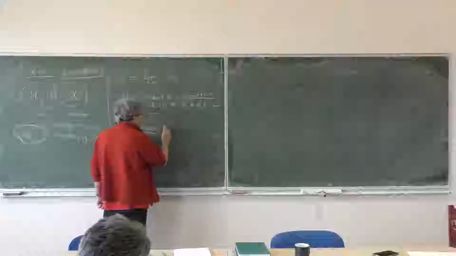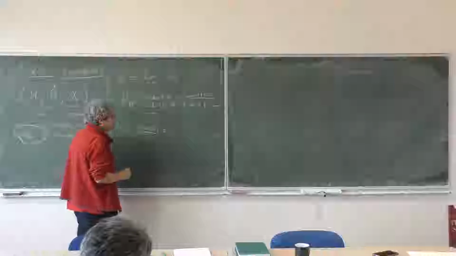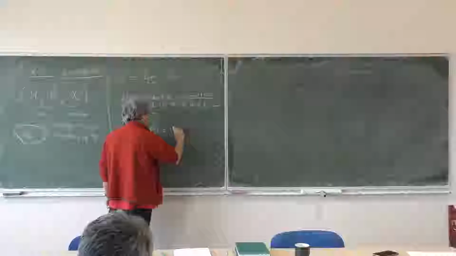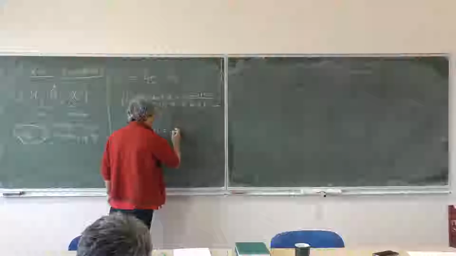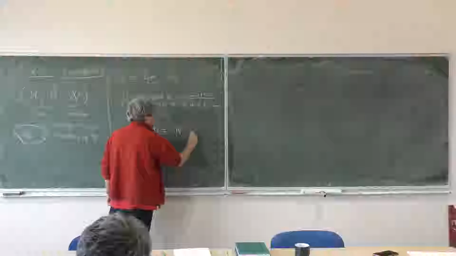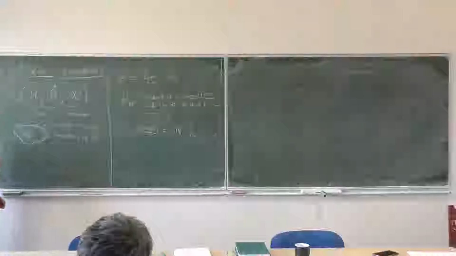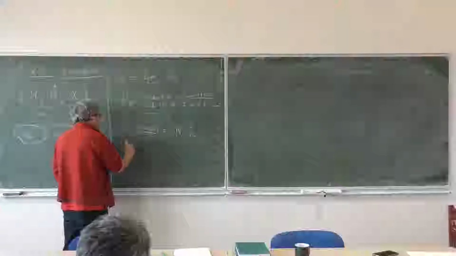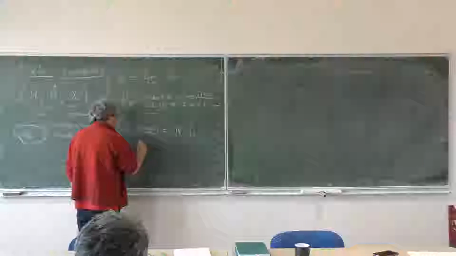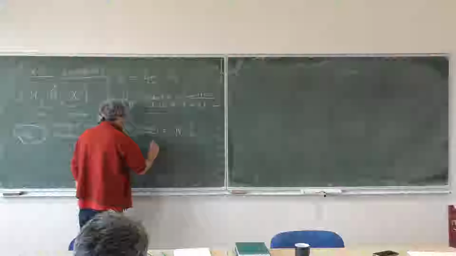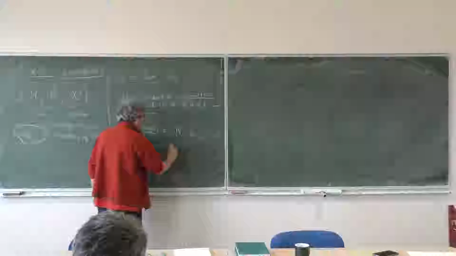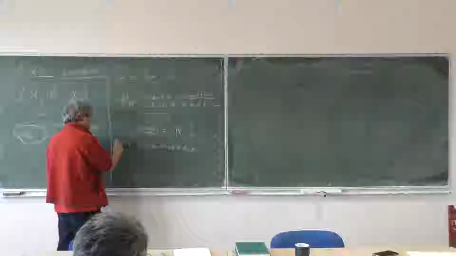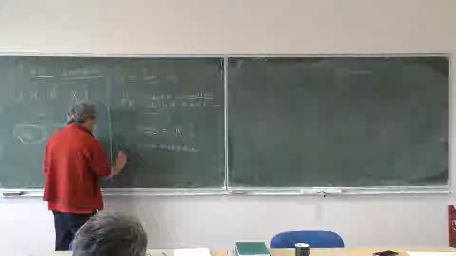A graph is a couple of two things: a set N, and a set L, where N is just a finite set with n elements, which we call little n, and we call nodes.